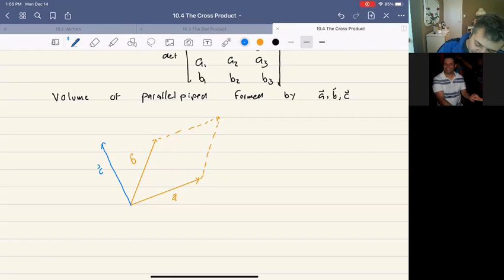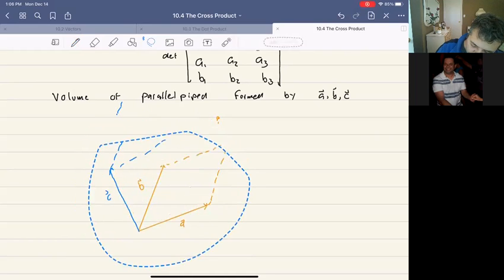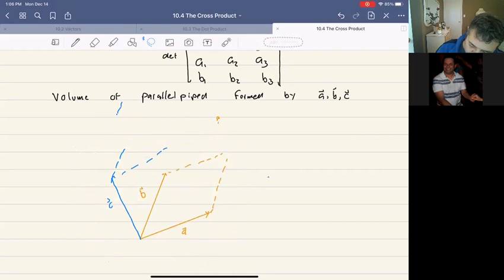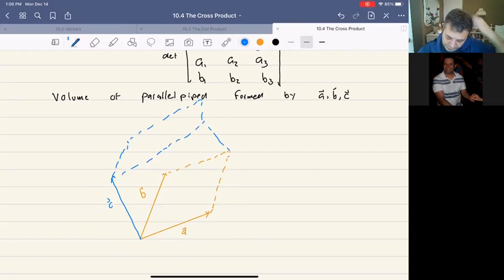Okay, and basically you could just make some more space. Much better.